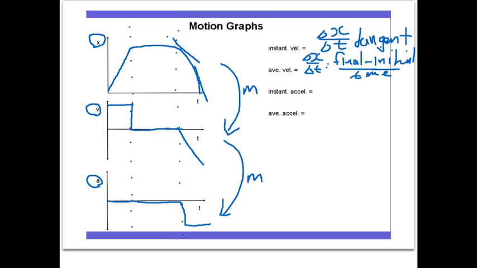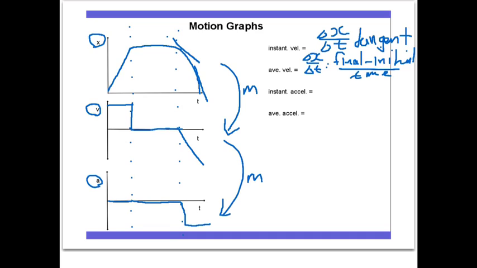The average velocity for this section here, this curvy section, because the velocity is constantly changing. Instantaneous velocity will be a tangent at any of these points. Average velocity will just be the difference between the starting and the finishing position. So the average velocity will be some point in the middle there.